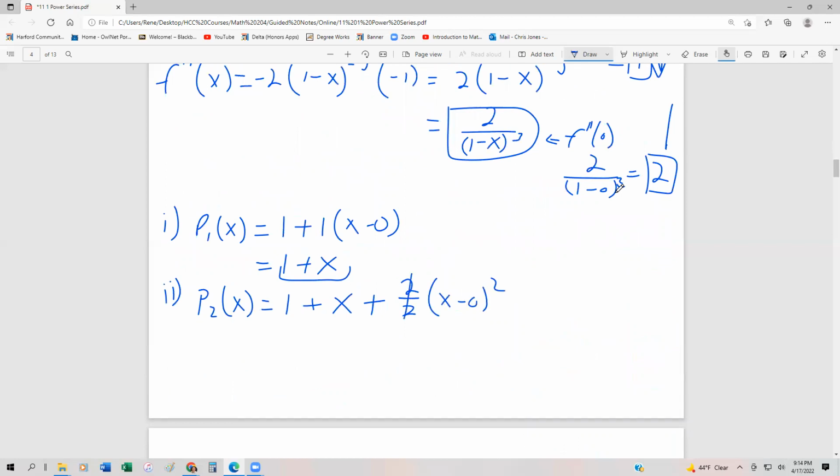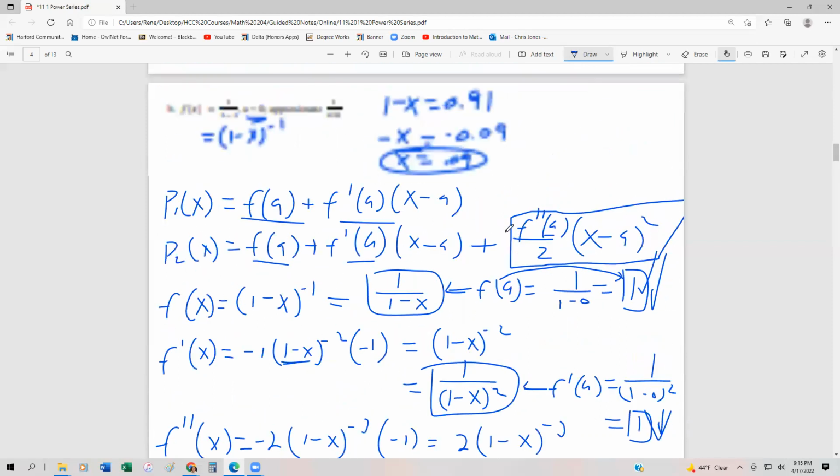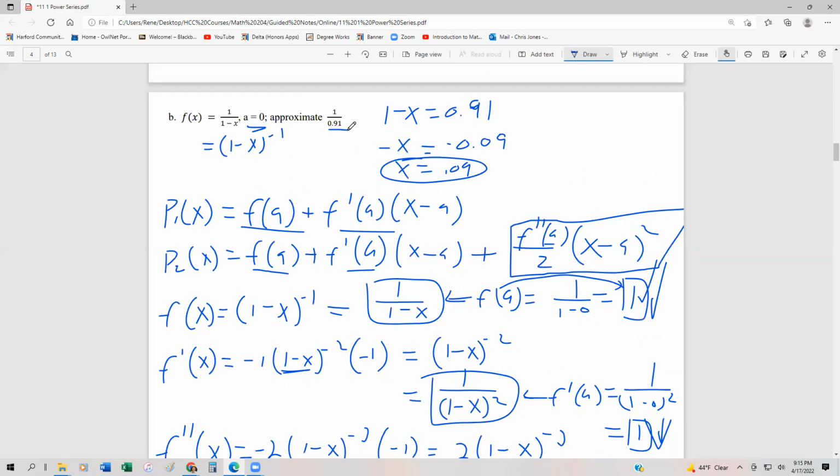That just becomes a 1, and then that becomes x squared. So P sub 2 is going to be 1 plus x plus x squared. So these are our two approximating polynomials.